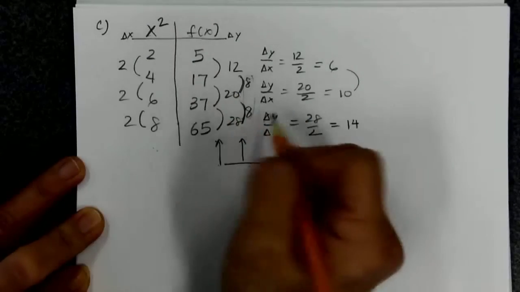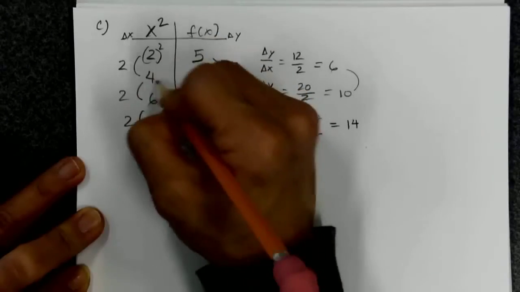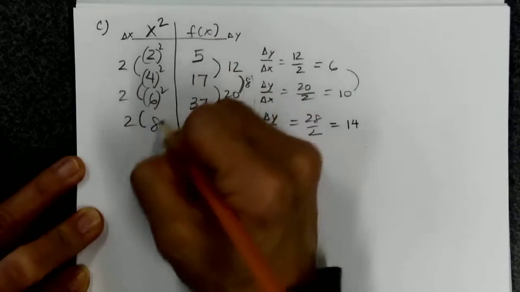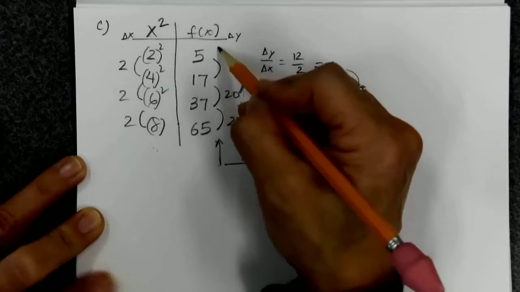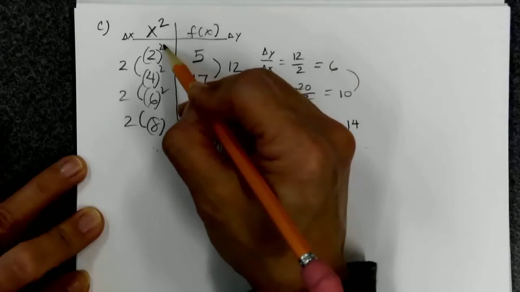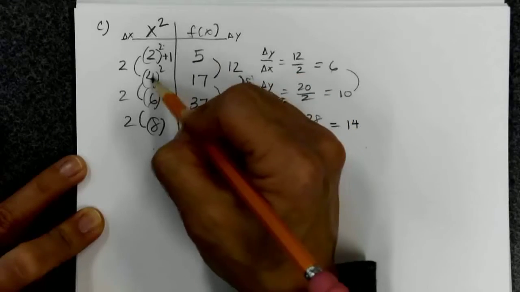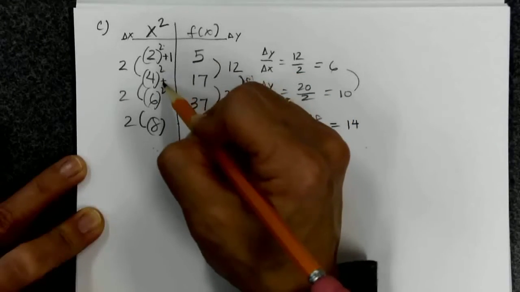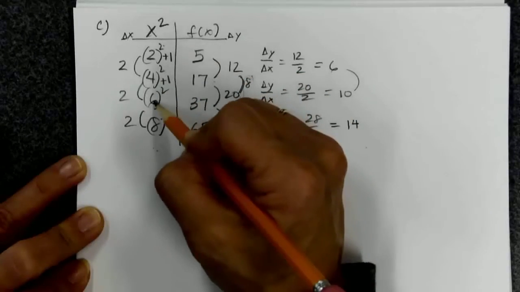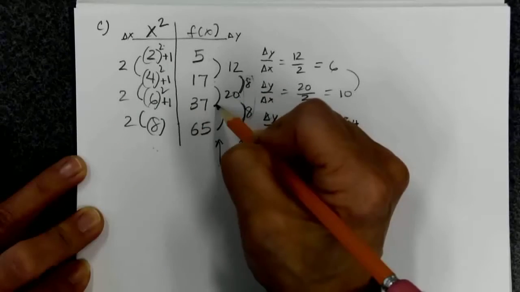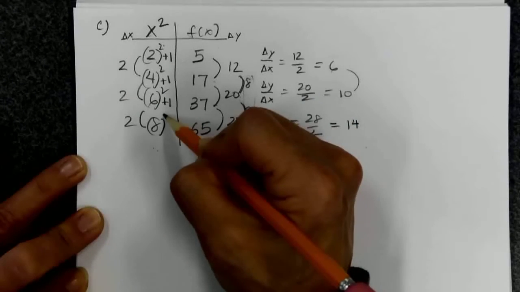Okay? So my function rule then would be to square all my x's and see what else I need to make it f of x. So 2 squared is 4. I'm going to need one more, and that makes it 5. 4 squared is 16 plus 1 makes it 17. 6 squared is 36 plus 1 makes it 37.